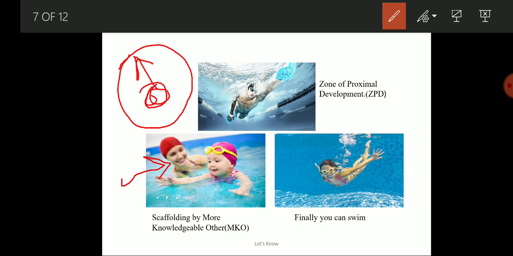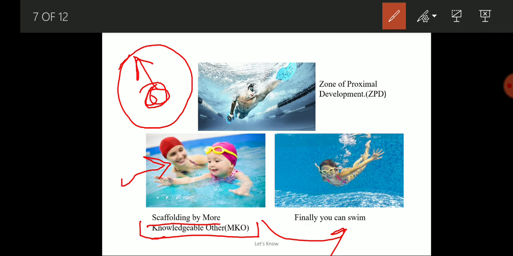So definitely she is the knowledgeable other person, or MKO. She gives little tips on how to swim. She shares her experience so that you can learn. Then she provides scaffolding. So finally you can swim, you learn how to swim.